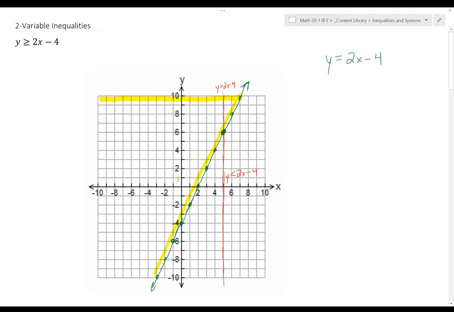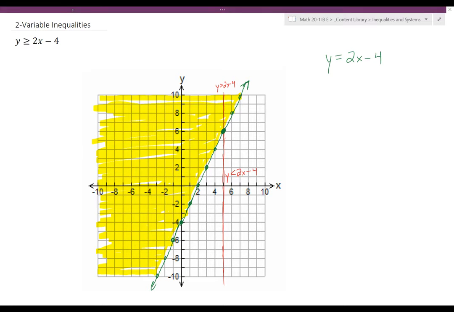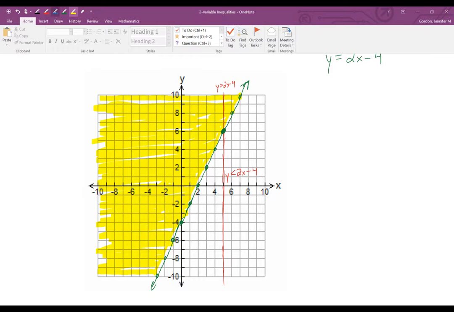We're actually going to pick some points in either region and verify what happens. So just before I do that, the solution, it's really kind of weird to think of it that way, but the solution set to this inequality is represented by the graph I have now drawn. If I'm wondering what points have y greater than or equal to 2x minus 4, well, it's all of the points in the shaded region or on the line. And any points that are not in that region do not satisfy that inequality.